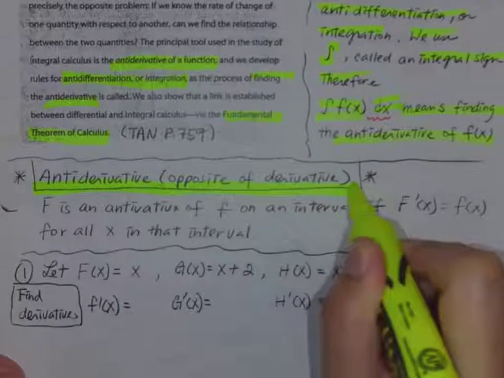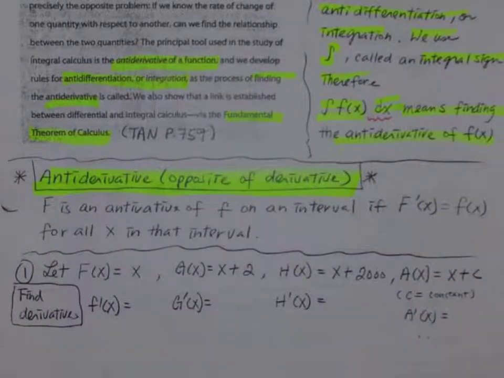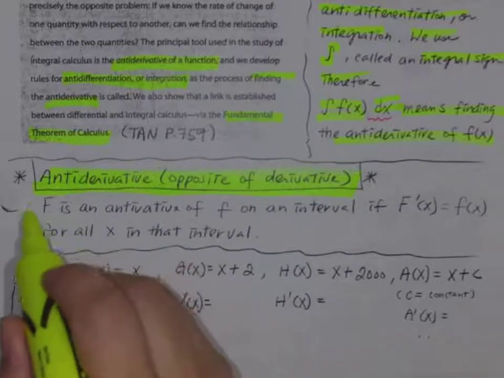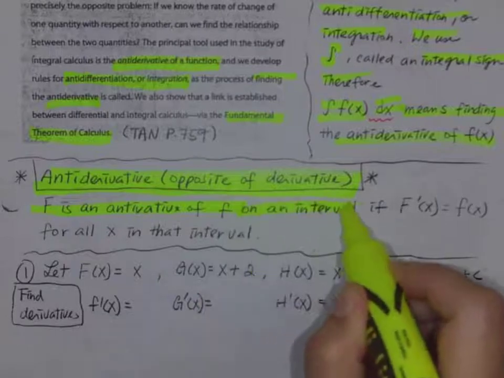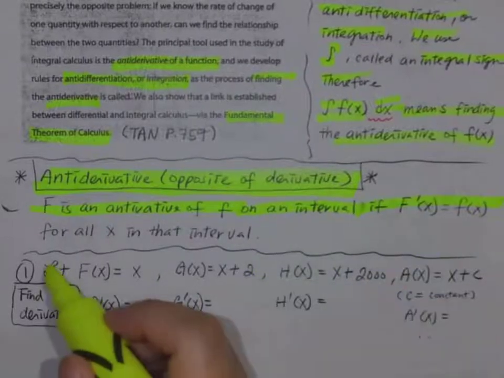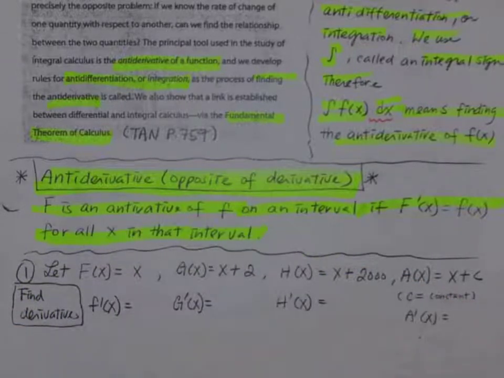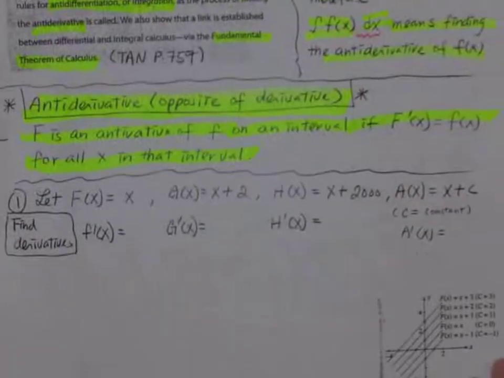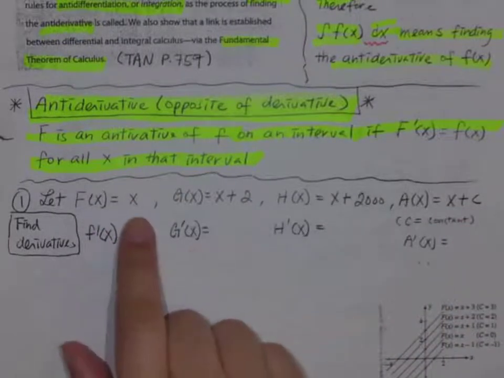Antiderivative, or the opposite of derivative. We say capital F is an antiderivative of the function f on an interval if F prime of x equals f of x for all x in that interval. Thinking about the process of taking the derivative, if we find the derivative of these few functions, when you take the derivative of x, you get just 1, right?